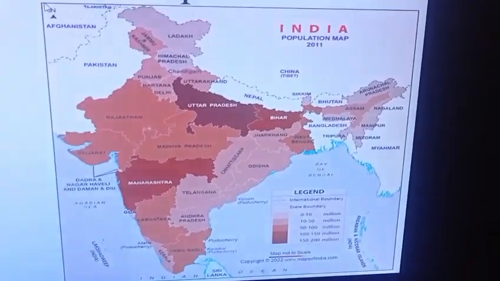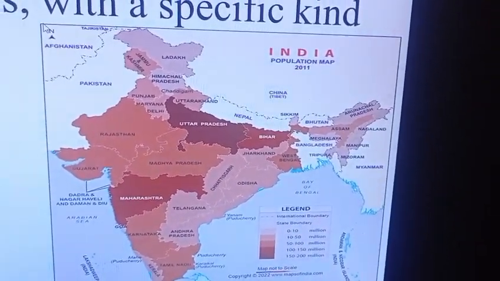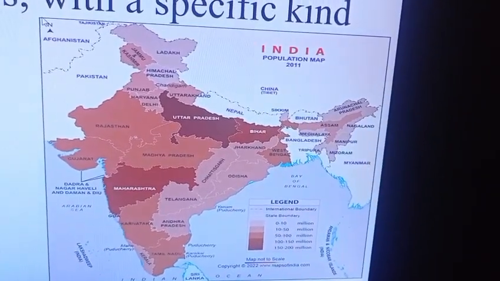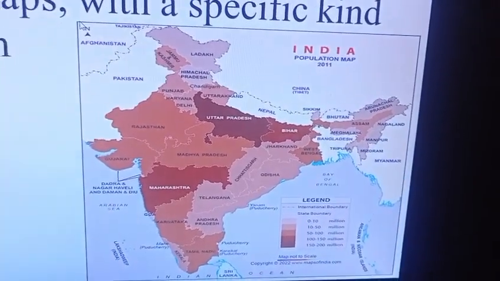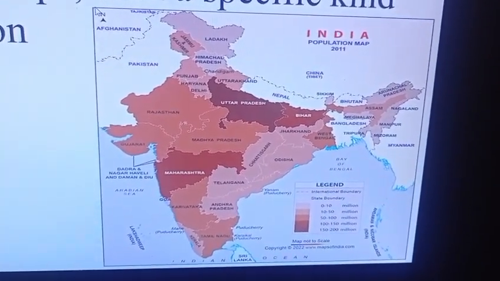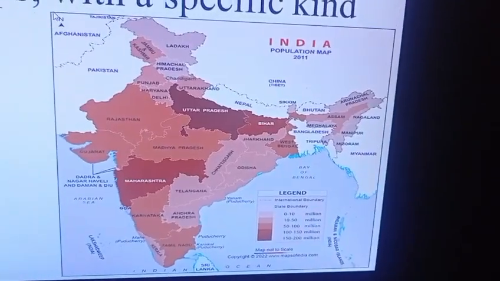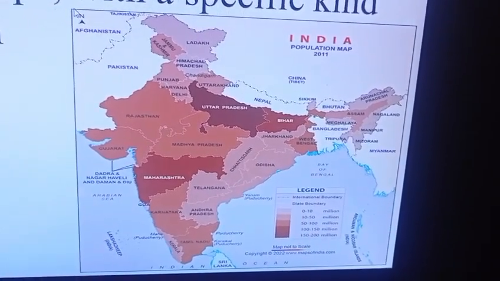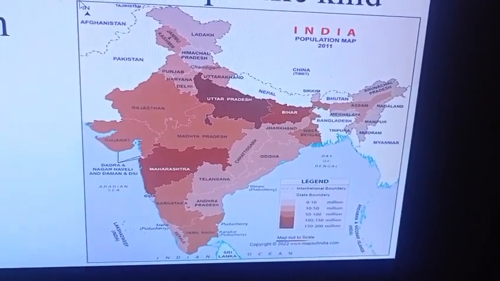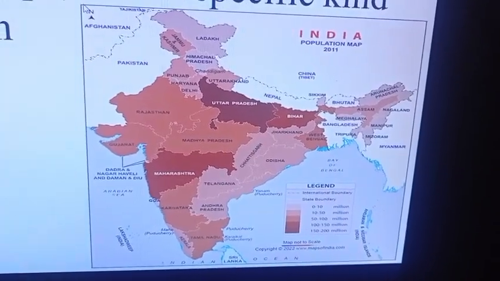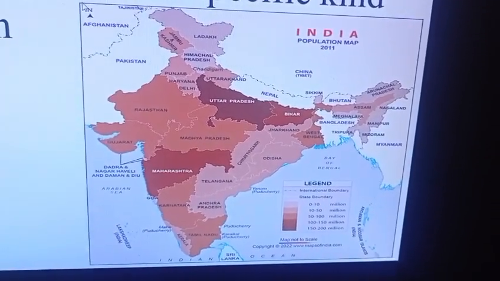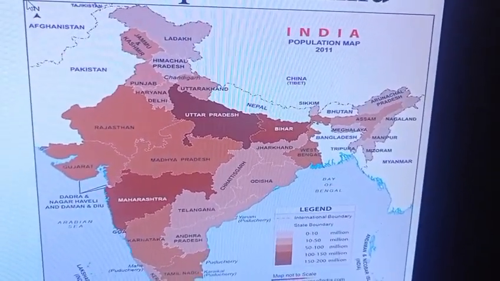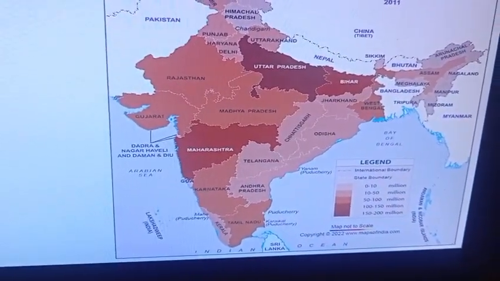From the map, I have given here a map. Here you can see different coloring shades are present. Can you see, students? Mainly the color is brown, but in some parts the brown color is faded and in some parts it is very deep. So what's the reason behind this? The reason is that the part of the map where we can see the dark brown shade means high or heavy population, like Uttar Pradesh and Maharashtra.